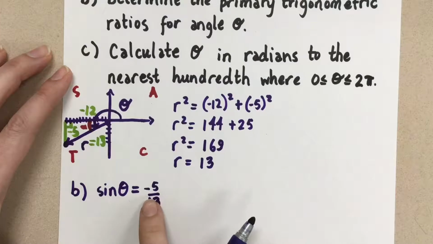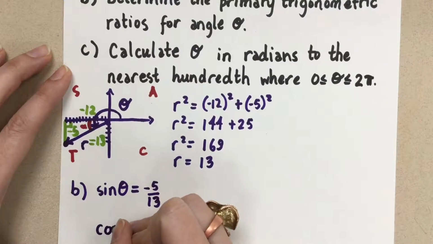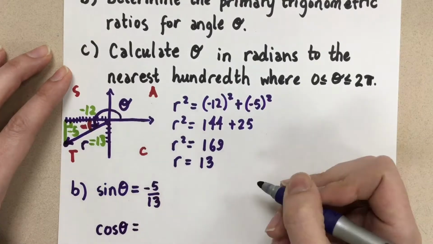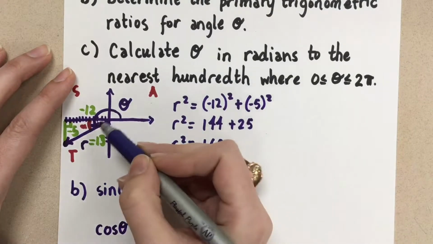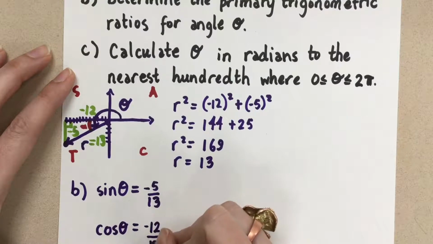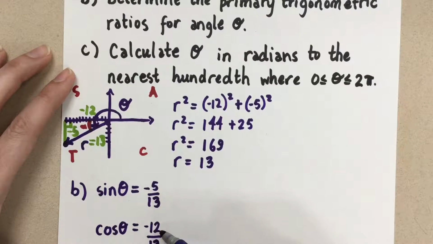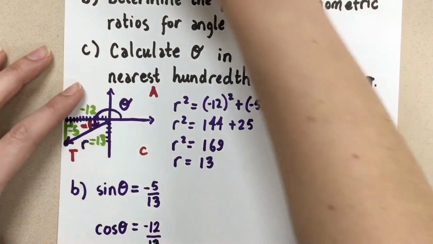So we already took care of that by having the -5 there. Our second ratio is cosine theta, and that's adjacent over hypotenuse. So adjacent is going to be -12 and then over 13. And again, in that third quadrant, cosine is negative. So we've taken care of that there.